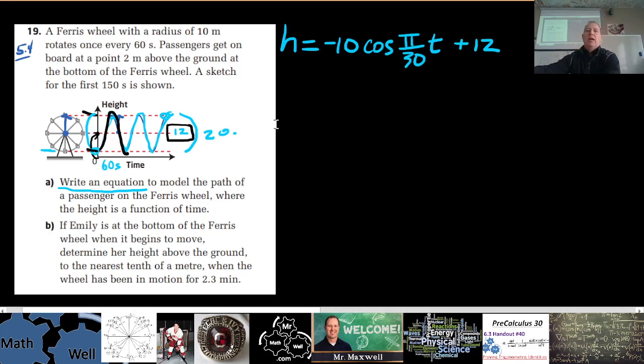Obviously, t is in seconds, so 2.3 minutes would be 2.3 times 60. That's going to be 120 seconds plus another 20, so is that 140 seconds?